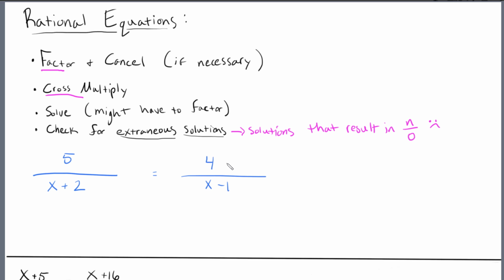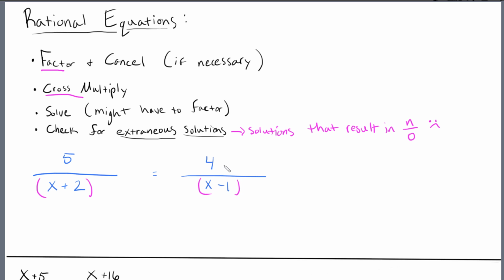So let's look at this first one. I have 5 over x plus 2 is equal to 4 over x minus 1. The first thing that I notice is that I don't have to do any factoring because these are already very simple. So I'm going to go ahead and cross multiply.